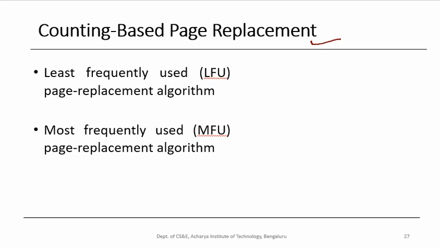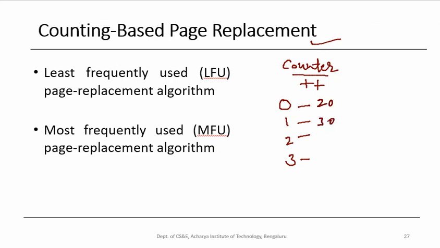In this case, a counter is associated with every page, and every time a reference to a page is made, the value of the counter is incremented. So after some time every page will be associated with some count value. For example, let's say 20, 30, 15, 5.